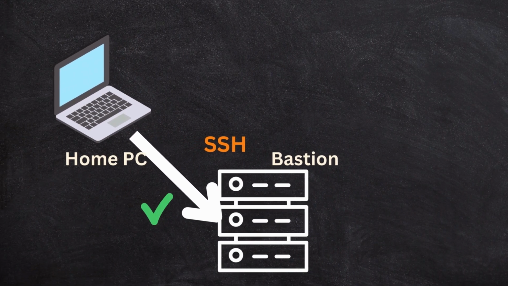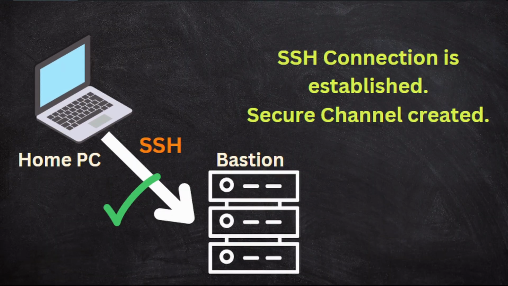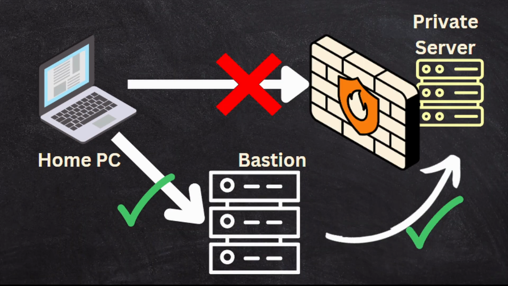First, an SSH connection is established between your local computer and the remote server. In this case, the remote server would be our public EC2 instance. This connection is encrypted and provides a secure channel for communication. Next, a tunnel is created within the SSH connection, which allows traffic to be forwarded from a local port on the local machine to a remote port on the remote server.